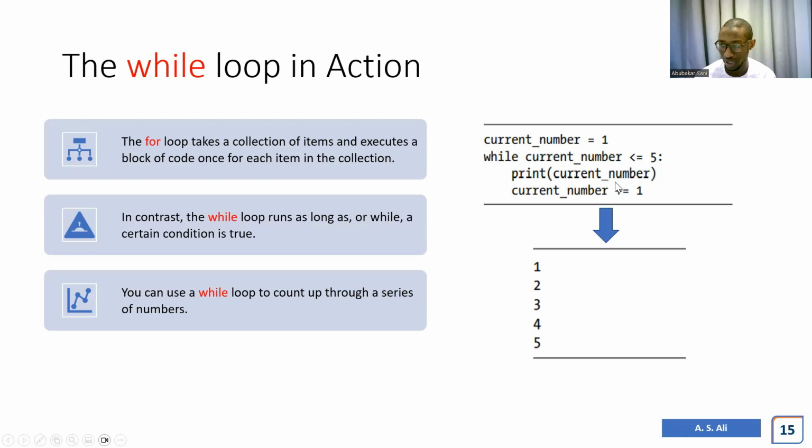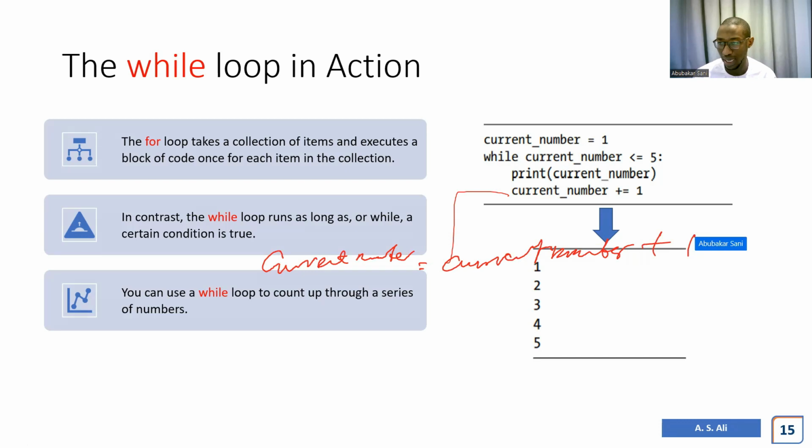Here it says current number plus equals 1, which is a short form. This line is equivalent to saying current number equals current number plus 1, in a concise manner.